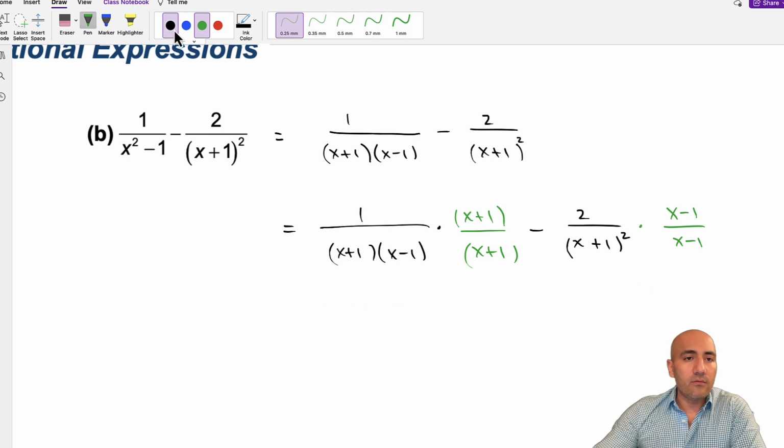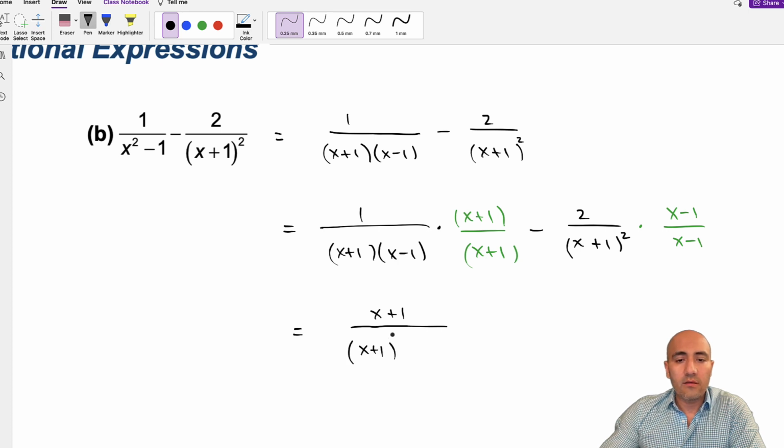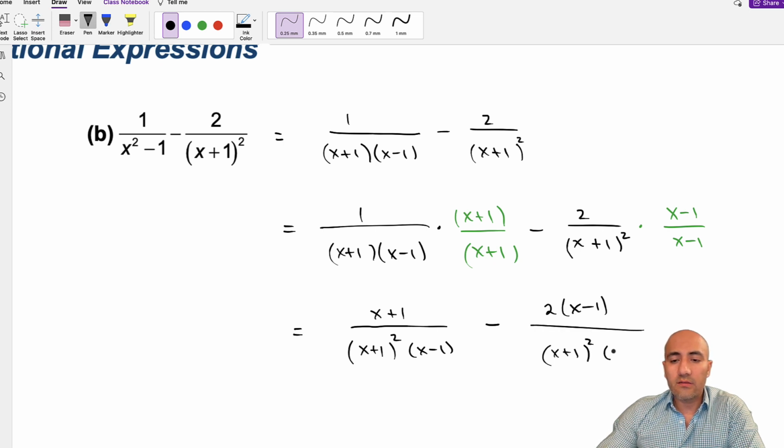Okay, so now we multiply these, and we get x plus 1 divided by the product of these three. So it's going to be x plus 1 squared times x minus 1, minus 2 times x minus 1, divided by x plus 1 squared times x minus 1. Good.